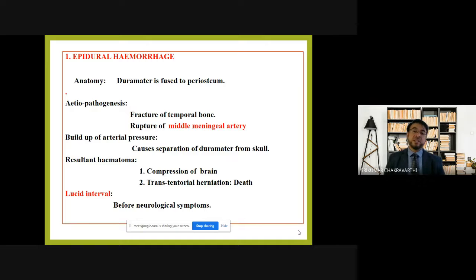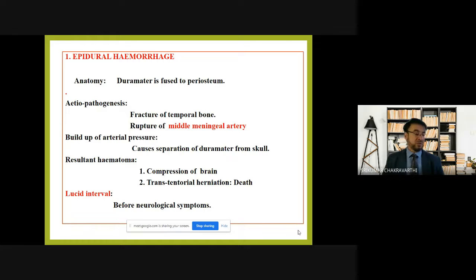Very interestingly, in cases of epidural hemorrhage, there is something called a lucid interval, where a person immediately after the injury feels he is fine. There's no problem. The best example would be a person who's running out of the car after a car crash in a Formula One race.